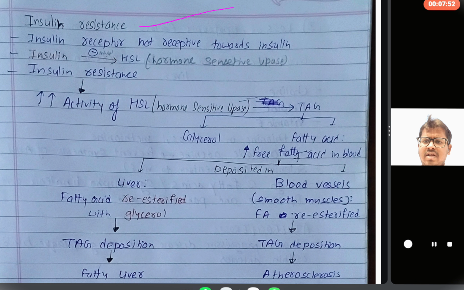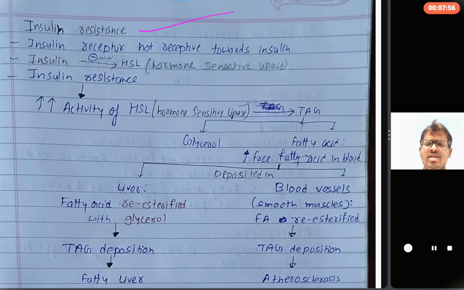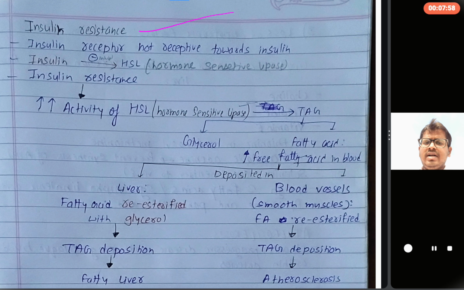If a person has insulin resistance, what does it mean? Insulin resistance basically means that the patient's insulin receptors are not receptive toward insulin. Insulin inhibits hormone sensitive lipase.